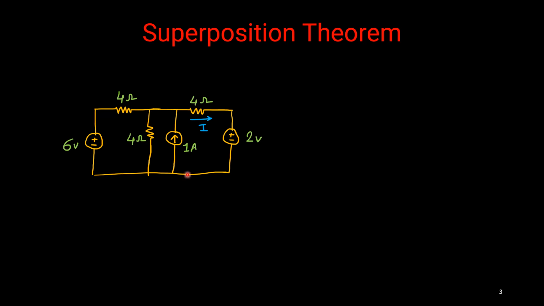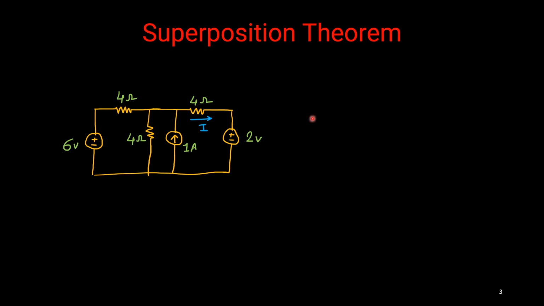Then find the current through that element where it is required, right? And then you should repeat the same process for all the sources, and at the end you have to take the algebraic sum of those currents to get the actual current flowing through this 4 ohm when all the sources are acting.